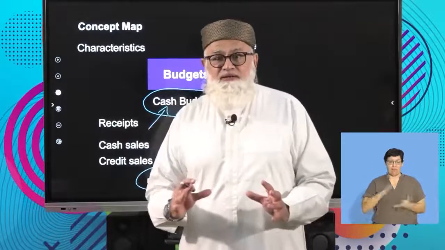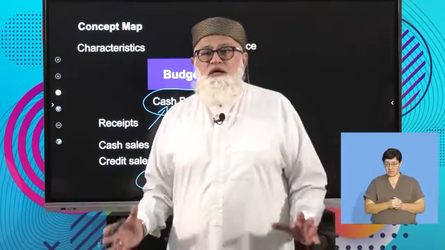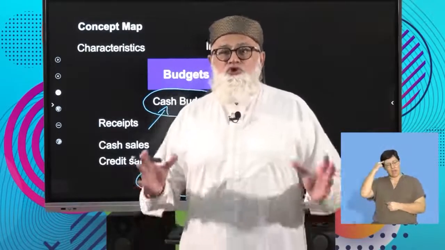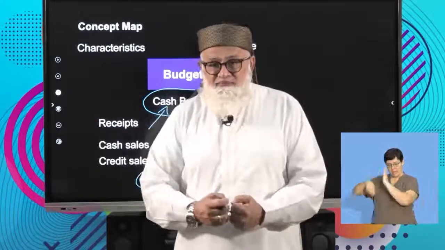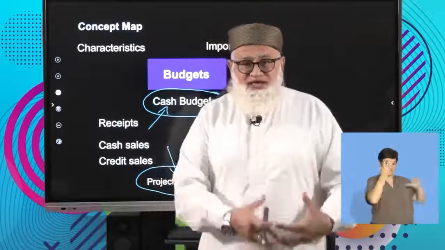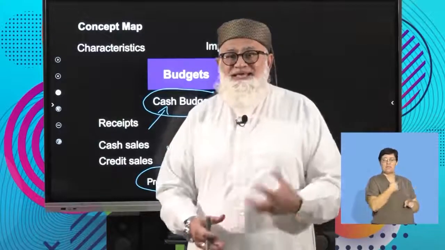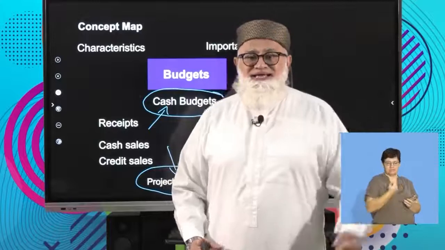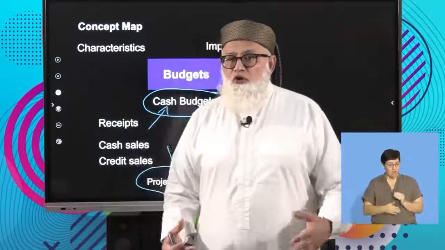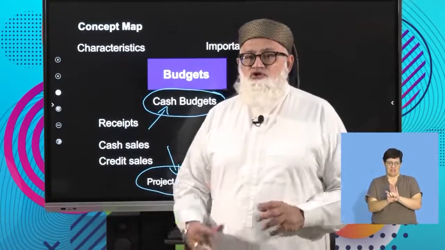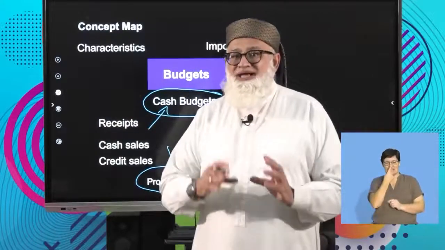So clearly, if we have to summarize, cash budget, you think cash, you think actual receipts and actual payments, whereas your projected income statement, you look at incomes that you have earned and expenses that you have incurred.